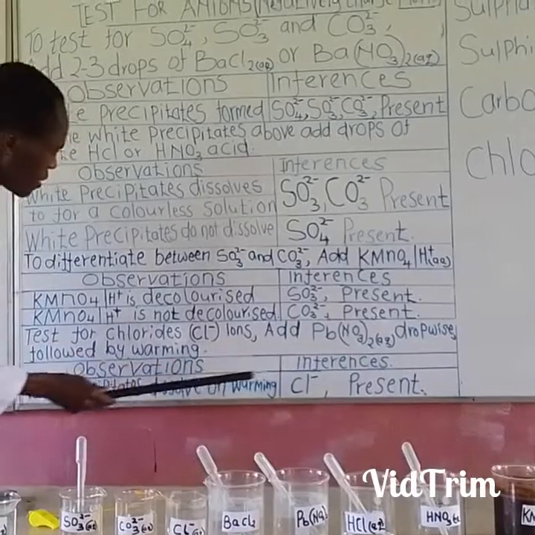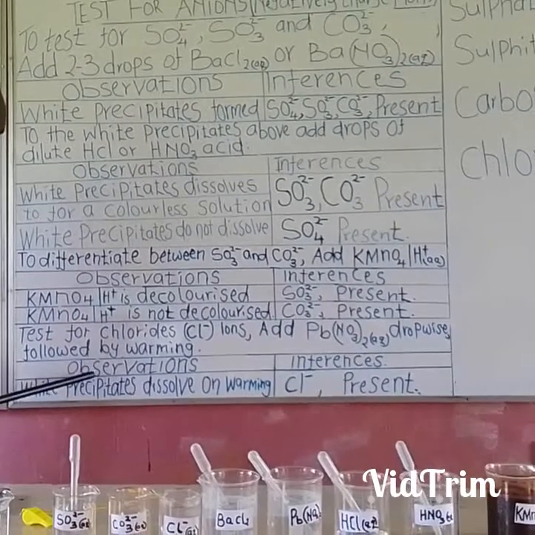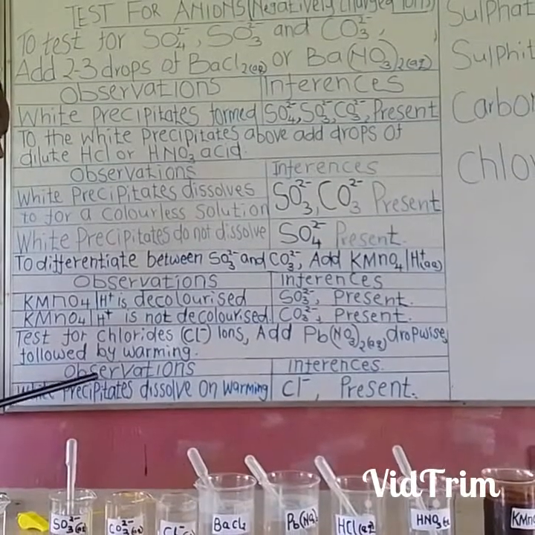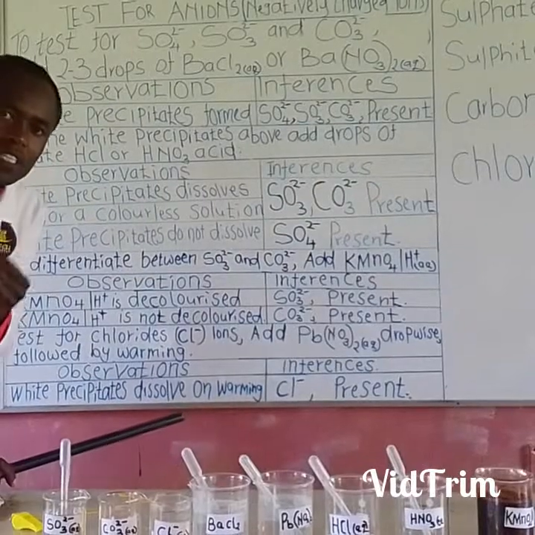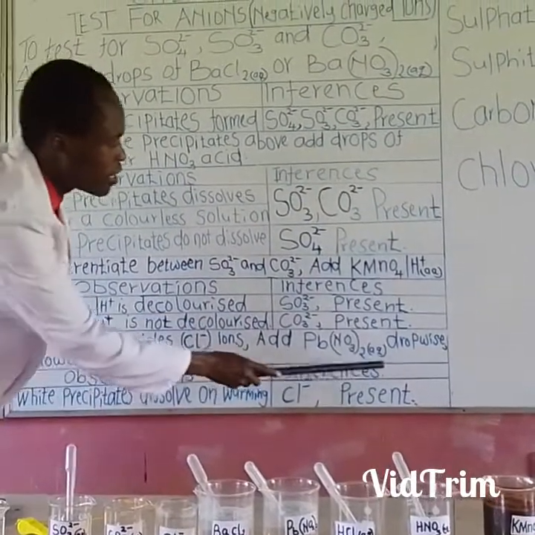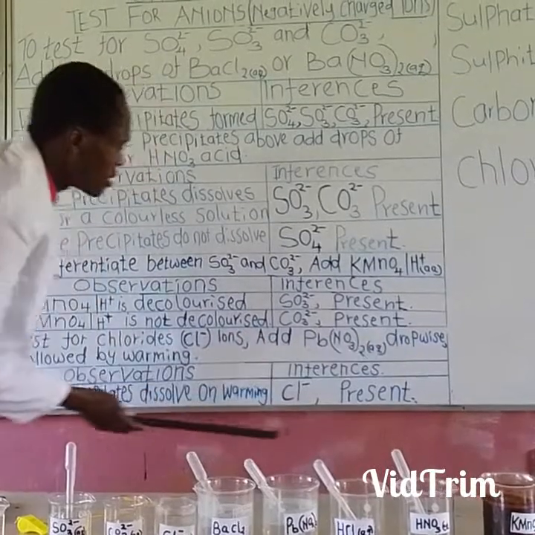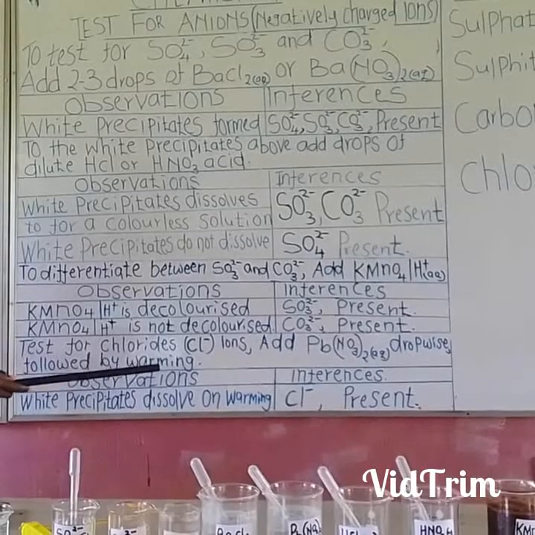Is it okay? Then if you add dropwise, before you go to the observation, when you add lead(II) nitrate, it is very important that you also warm. So addition of lead(II) nitrate dropwise is followed by warming. Is it okay?